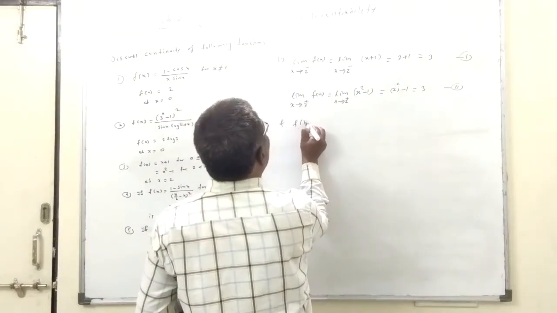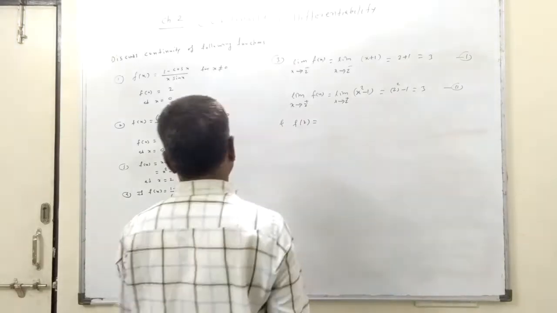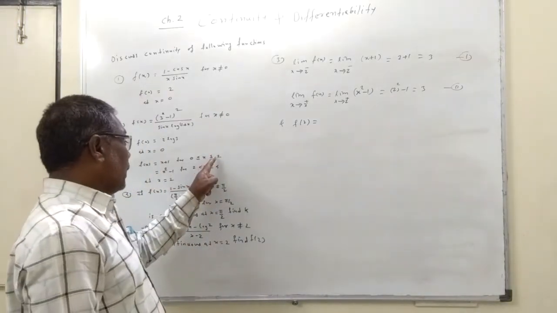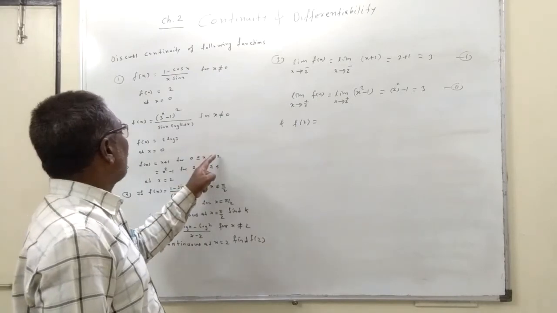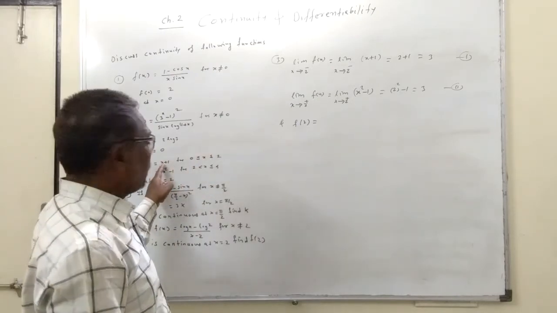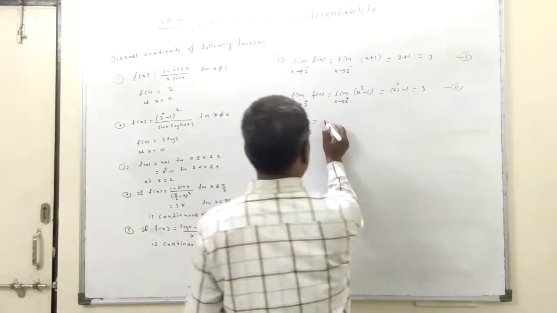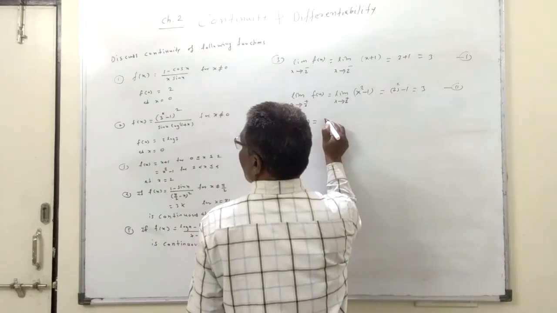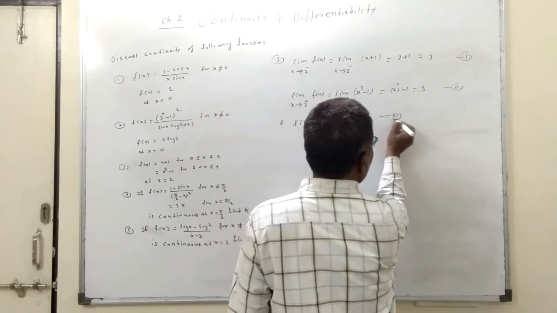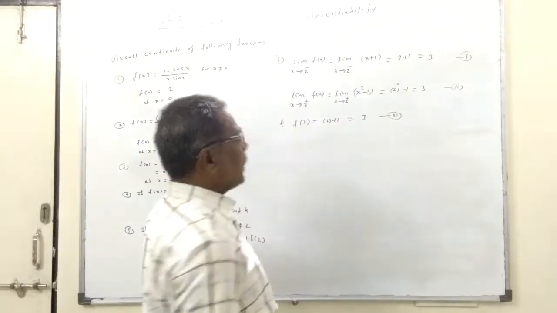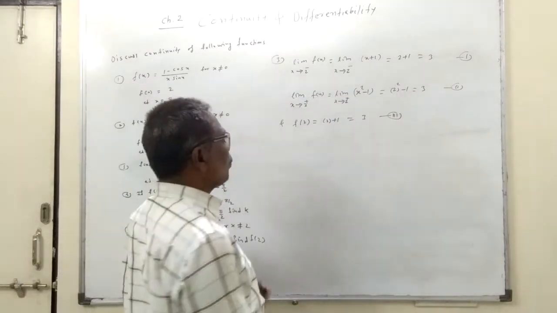And f of 2 is equal to, that is the value of function at x is equal to 2. Now here x is less than or equal to 2. So for x is equal to 2, the function is defined by this equation x plus 1. So 2 plus 1, so that is equal to 3. Now if you observe, left hand limit, right hand limit and value of function at x is equal to 2 are equal.